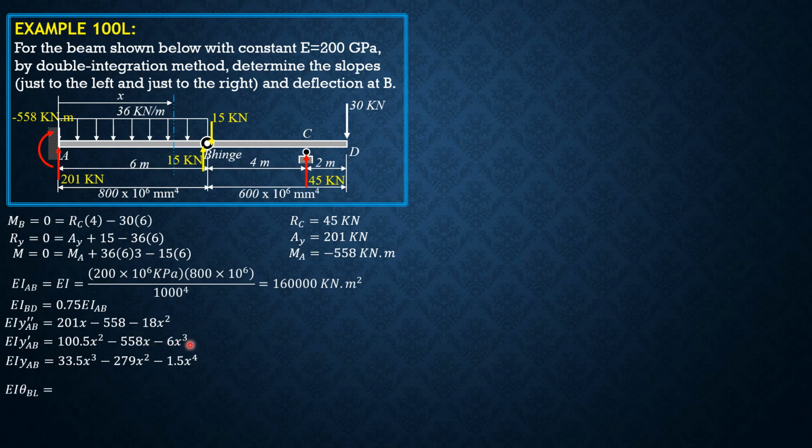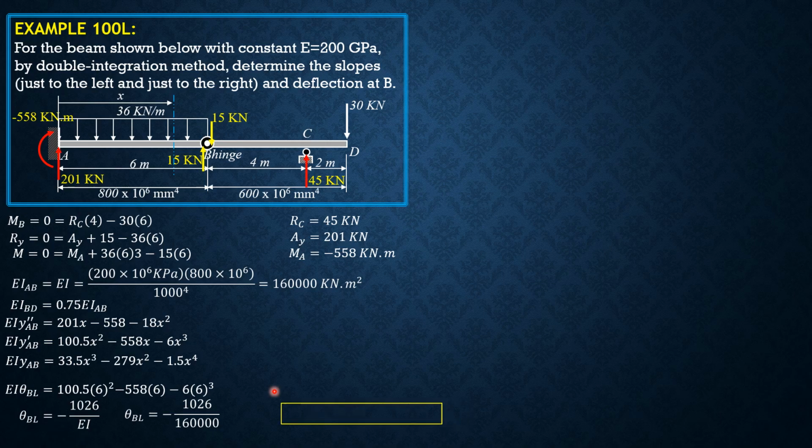So EI theta B left is 100.5 times 6 squared minus 558 times 6, then minus 6 times 6 cubed. Therefore, theta B just to the left is negative 1026 over EI, then divided by 160,000. So theta B just to the left is equal to negative 6.4125 times 10 to the negative 3 radians.